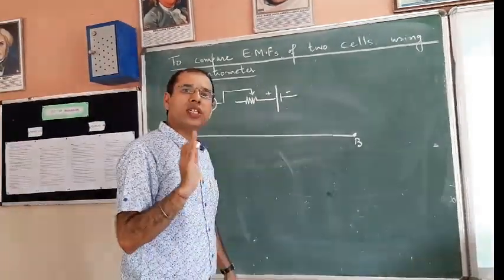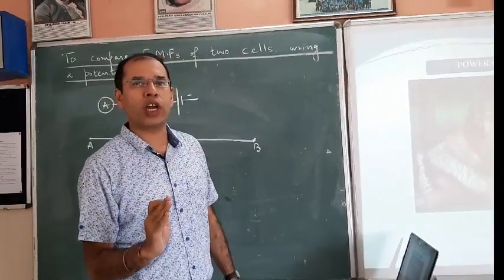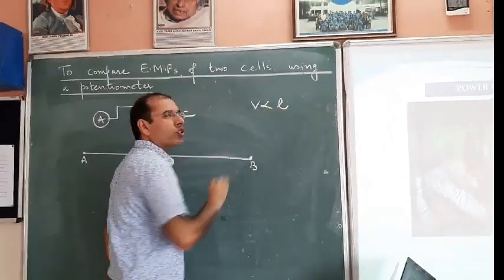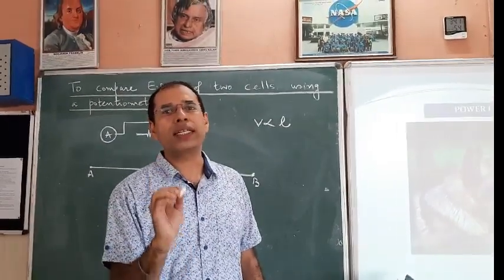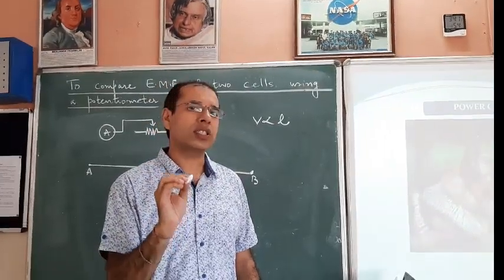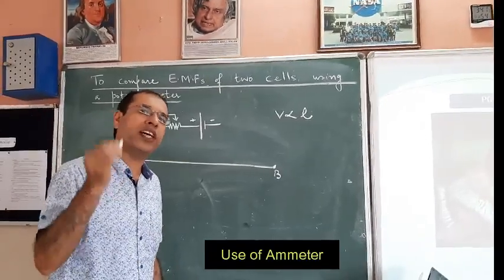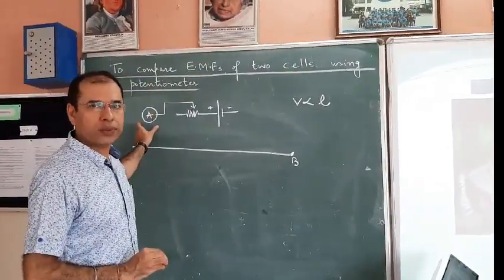Otherwise, the principle of potentiometer will get violated. The relation V is directly proportional to L is valid only when the current is steady, that is, the current is constant. So we need to provide to this wire a constant current, and to make sure that the current is constant, we have used this ammeter.